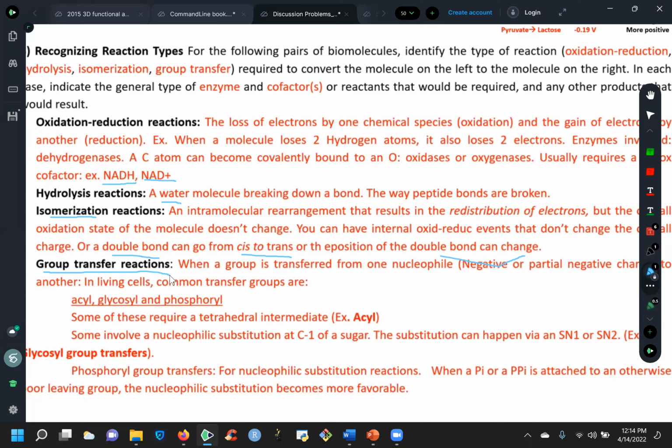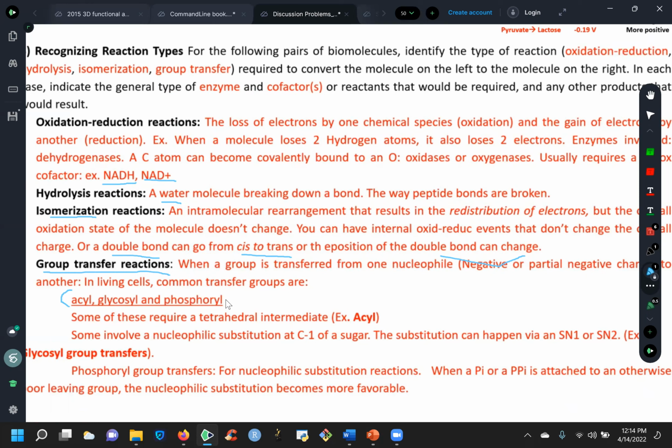For those of you who didn't have a chance to, try to focus on these. Try to focus on the acyl group. Try to focus on the glycosyl group and a phosphoryl group. We're all pretty familiar with the phosphoryl group. I've drawn it on the board like 50 times throughout the semester, but these are the most common group transfers.